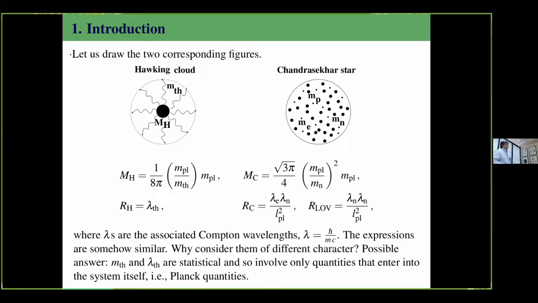And so they involve only quantities that enter the system itself, which is gravitation, pure gravitation. And so even if we have a thermal quantity, you can think of it as a thermal of gravitational quantities. So maybe this is really a pure quantum gravity phenomenon at low energy scales relative to quantum gravity.